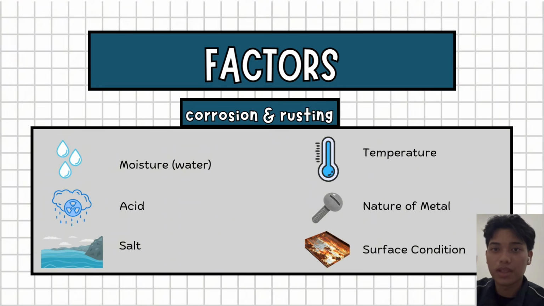Next is temperature. Higher temperature increases reaction rate, causing faster corrosion. And nature of metal, purity, composition, and position in the electrochemical series affect corrosion resistance too. And lastly, surface condition. Rough or damaged surfaces corrode faster than smooth or coated ones.